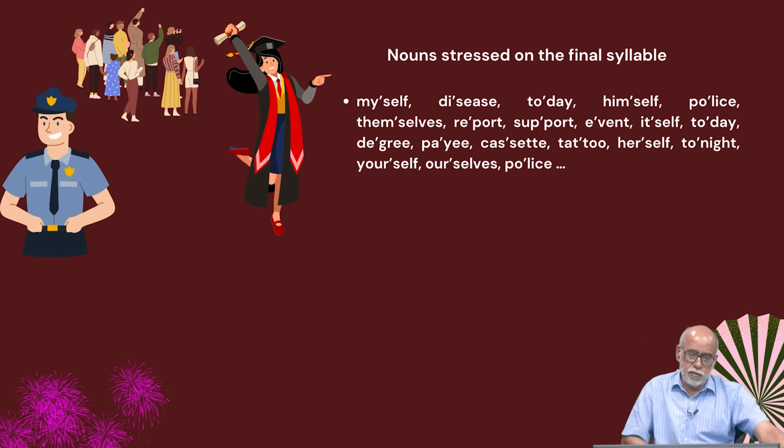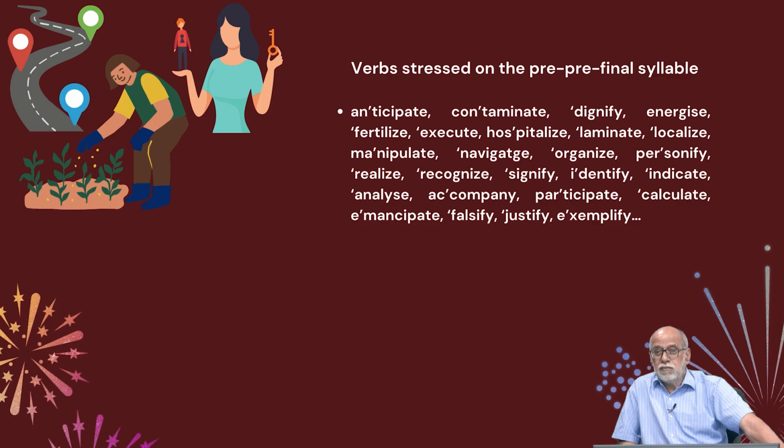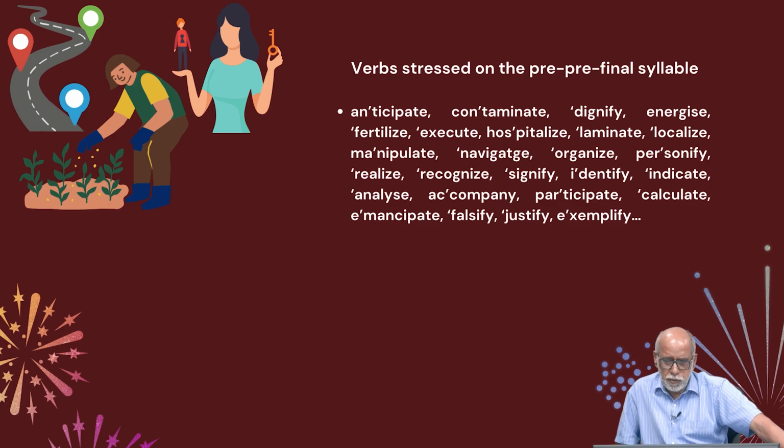So verbs like anticipate, contaminate, eliminate, discriminate, dignify, energize, fertilize, execute, hospitalize, laminate, localize, manipulate, navigate, organize, personify, realize, recognize, signify, identify, indicate, analyze, accompany, participate, calculate, emancipate, falsify, justify, exemplify.